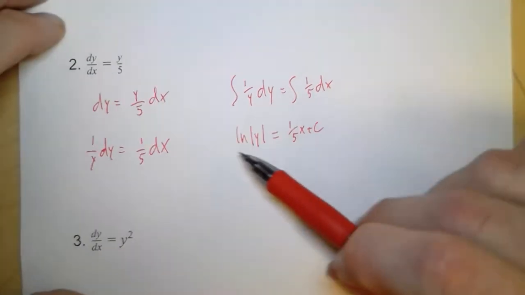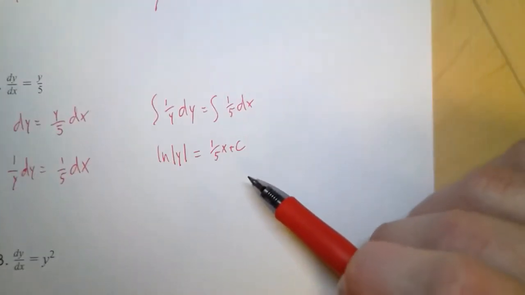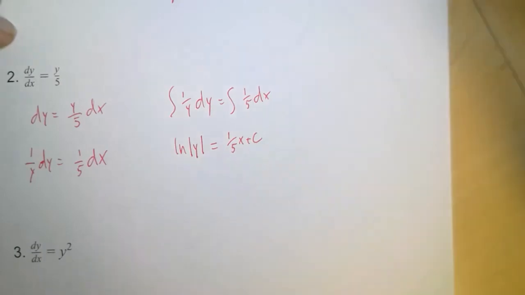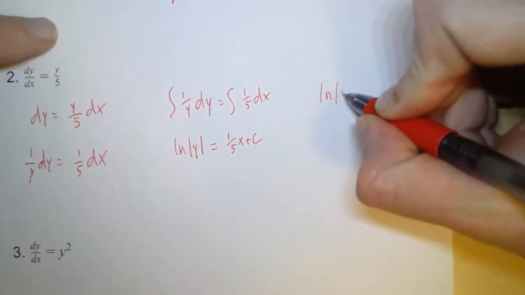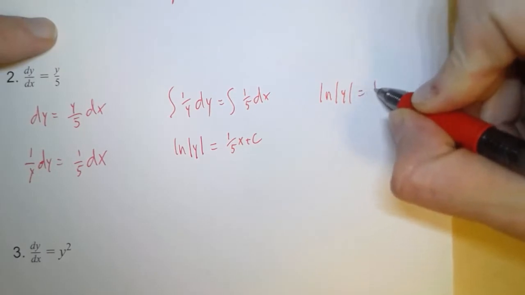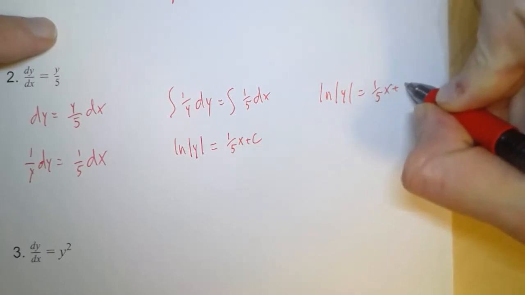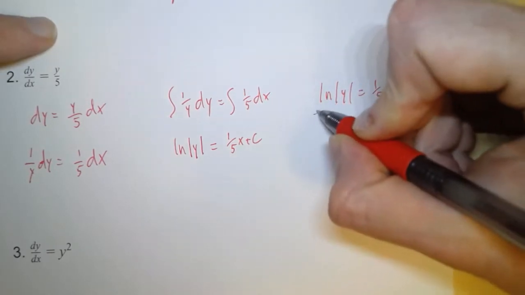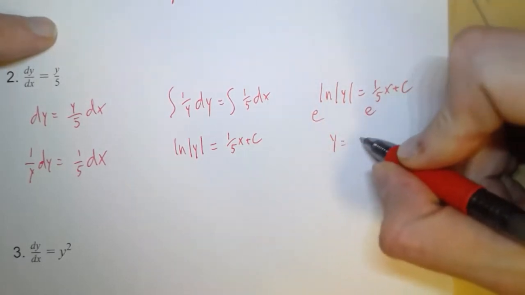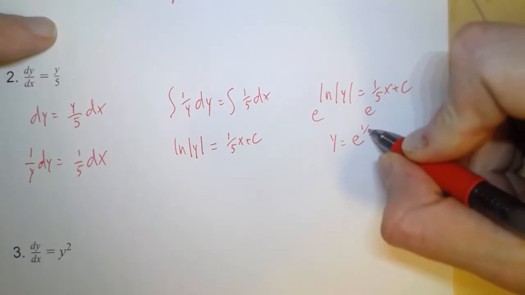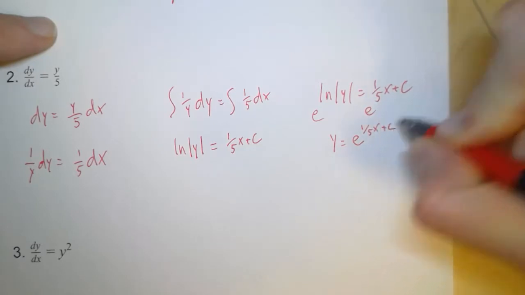Now we've integrated, but we need to isolate. Here we have to go to step 3 because we have to get y by itself. So we have ln of y equals 1/5 x plus c, and to get rid of the ln, we raise e to both sides. So y equals e to the 1/5 x plus c.